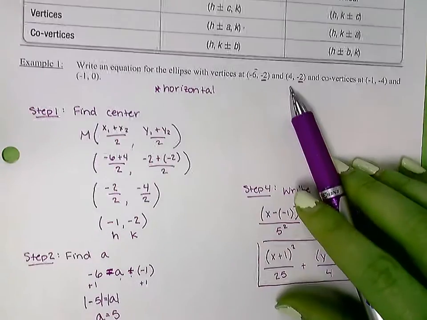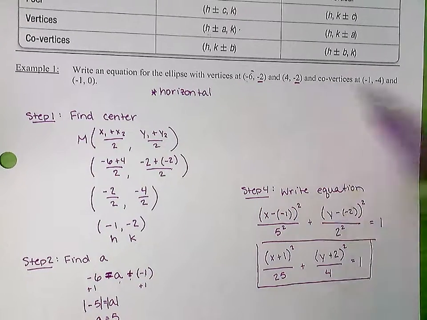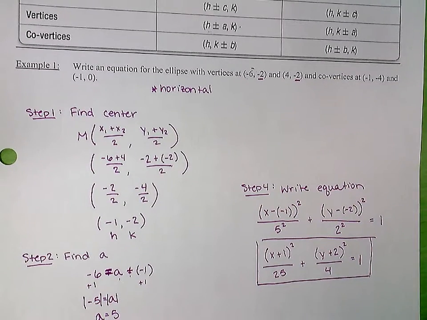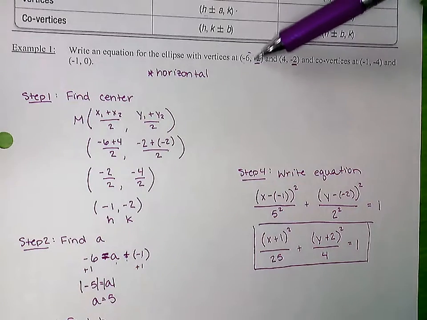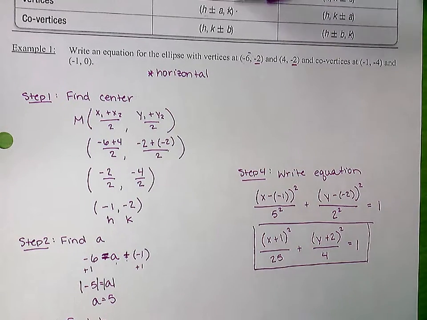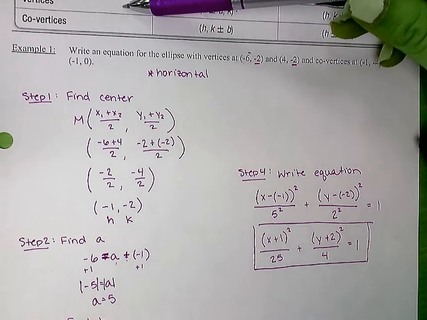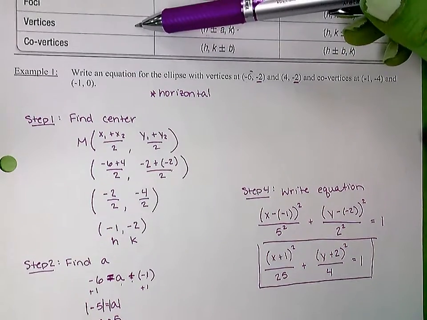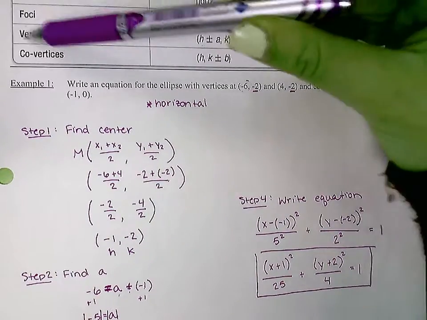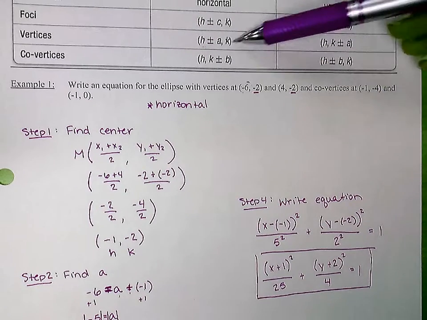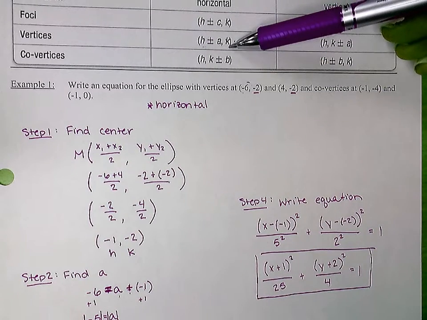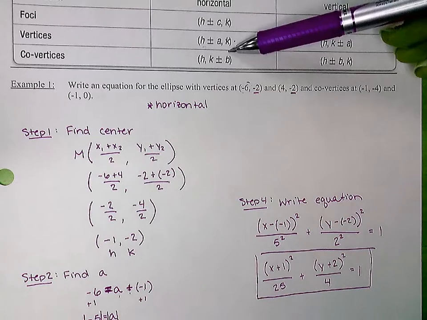If your y's are the same in your vertices here, okay, that means if you look under vertices right here, your k is going to stay the same. You're not adding or subtracting anything to it.